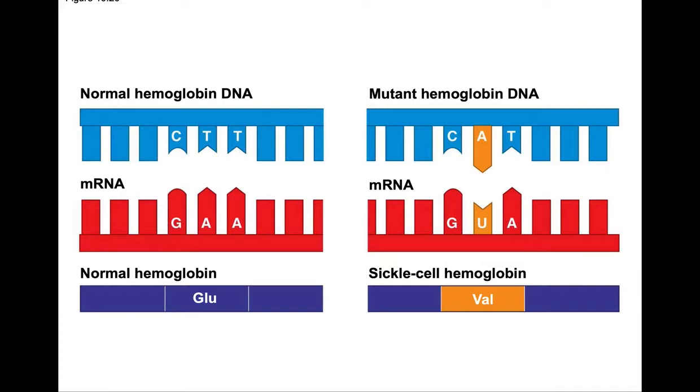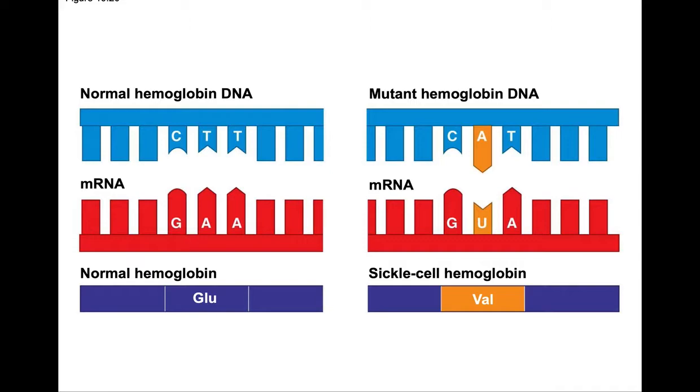So on this page we see CTT being the normal DNA. That translates to GAA for the RNA, which then translates to a proper red blood cell with an amino acid called glutamic acid, which is GLU at the bottom.